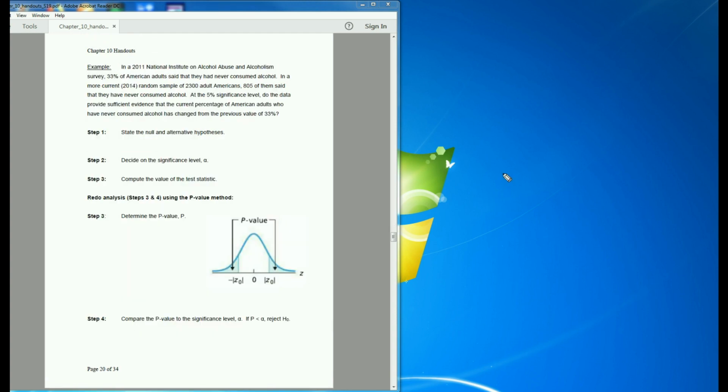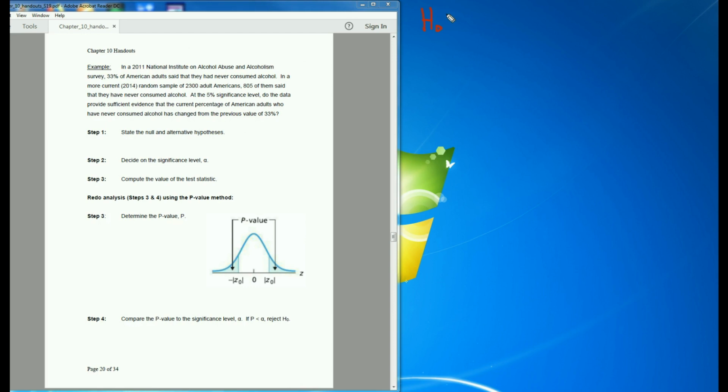Okay, so let's go back to exactly the same problem that we were looking at before. If you recall, we already did this problem and we analyzed it using the classical method. Now we want to go back and analyze it using the p-value method. So we've already read through the problem. We've identified all of the pertinent information from the problem. We already stated our null and alternative hypotheses.